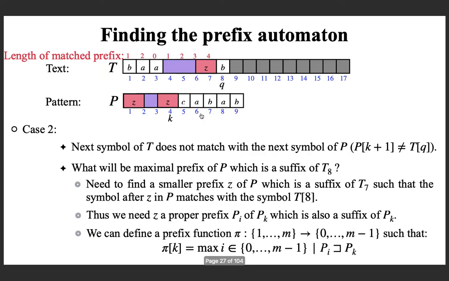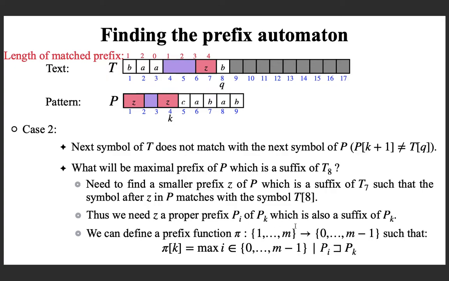So we can maintain this as a function called the prefix function pi. For every index here, it defines a number, and what is it? That number is the length of the string Z. Examples can make it clear. The value of the function pi for k can be any value from 1 to 9.